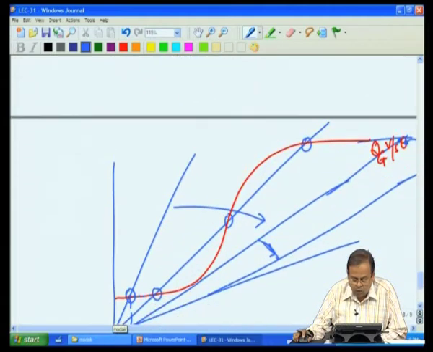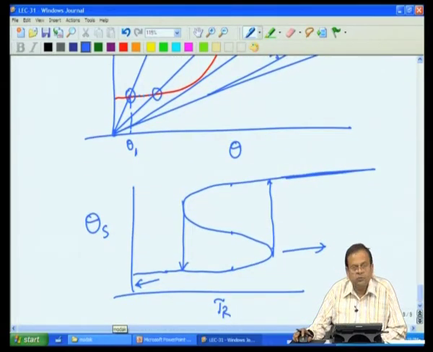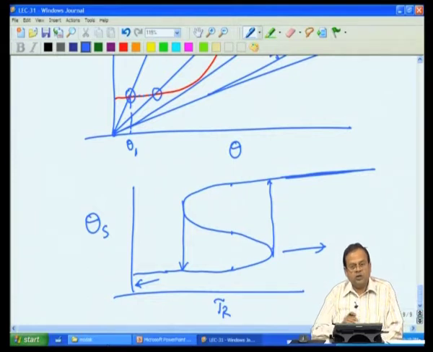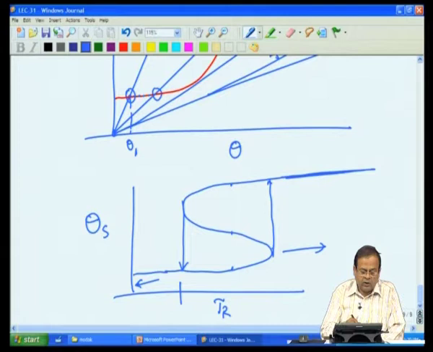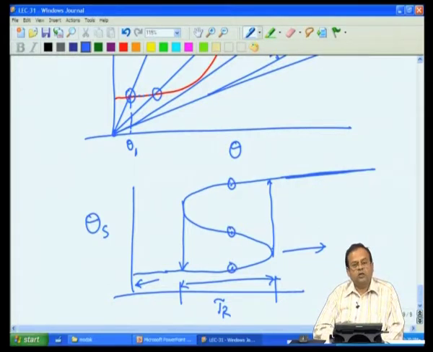So, what does this mean? This means that in a stirred tank reactor, operation at steady state, let us take this example of an adiabatic reactor. What it means practically is that under a certain range of our residence times, we have multiple solutions. That is, 3 different steady states are possible. Okay.